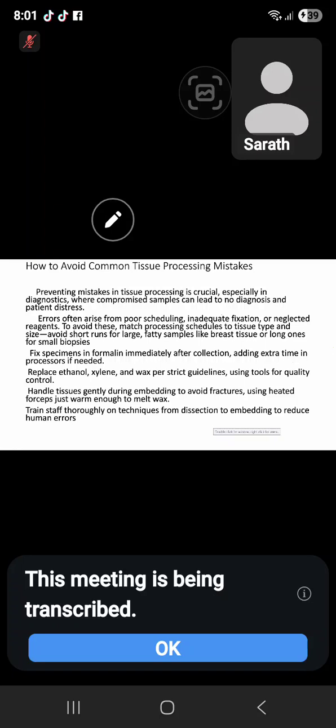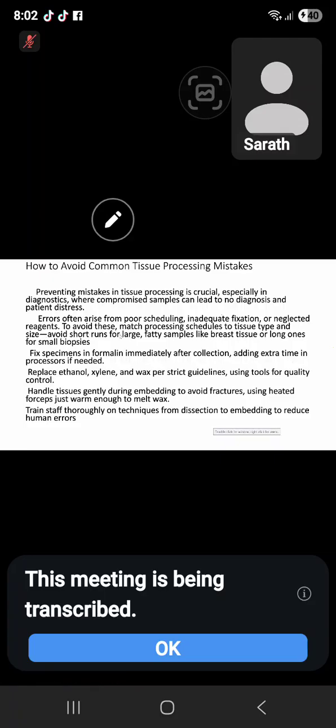And the other one, you have to maintain the levels of the reagents. In the automated tissue processor, always in the morning you have to check whether the levels are enough. If the levels are not enough, you have to fill it. Then to avoid these, match processing schedules to tissue type and size, and avoid short runs for large tissues.